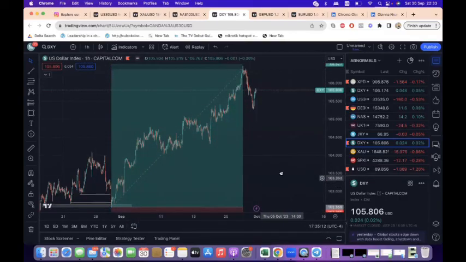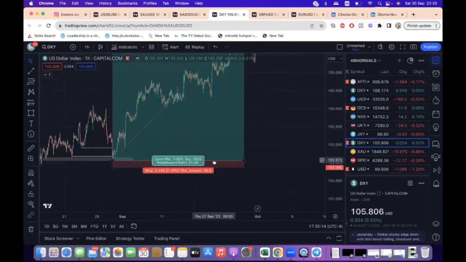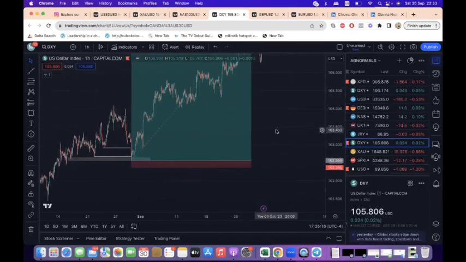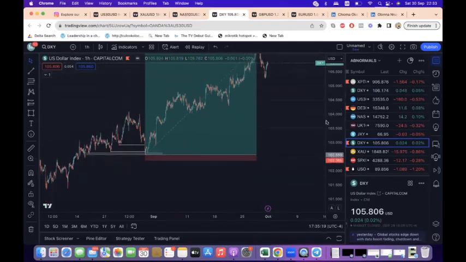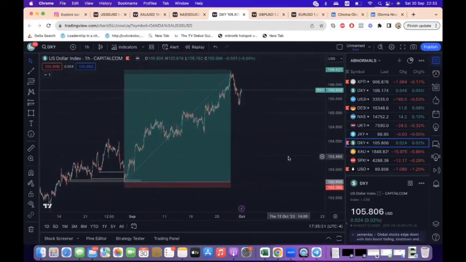An RR of 20, risk to reward of 1:20. So with these few points of mine, I hope it is understood how to catch your point of entry.